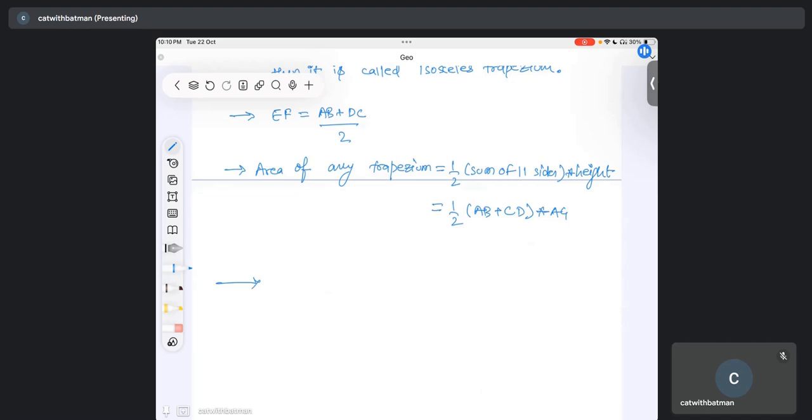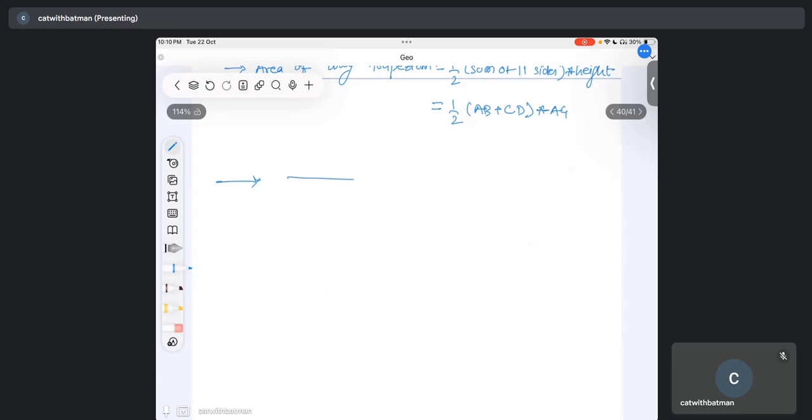Let's again draw that trapezium. Let us join these. Now, in this case, since AB is parallel to CD, this angle will be equal to this angle, and this angle will be equal to this angle.